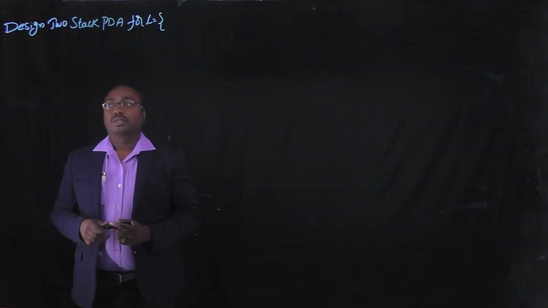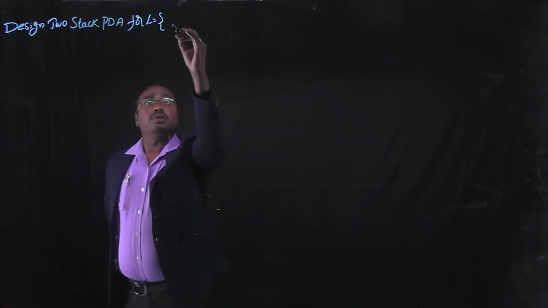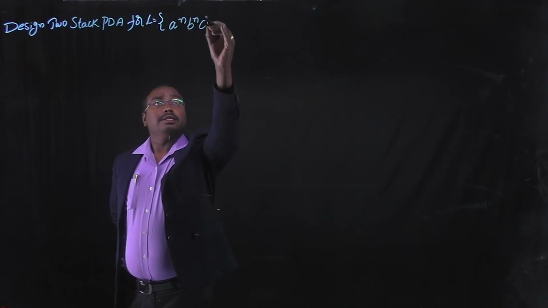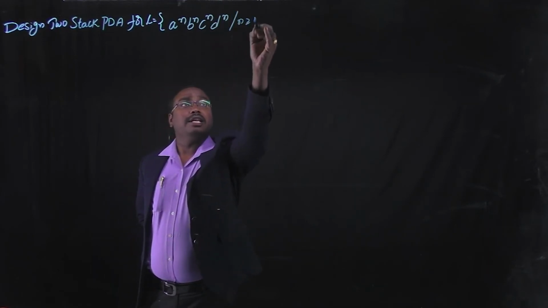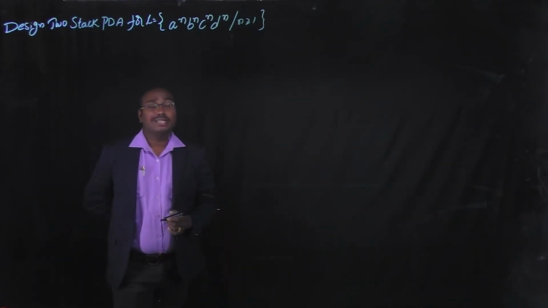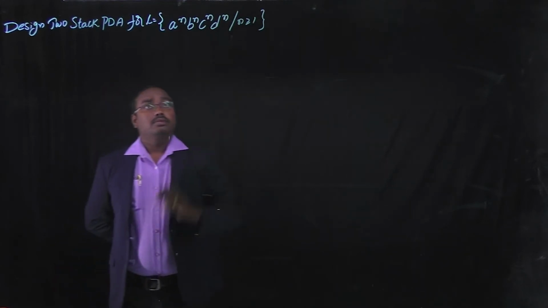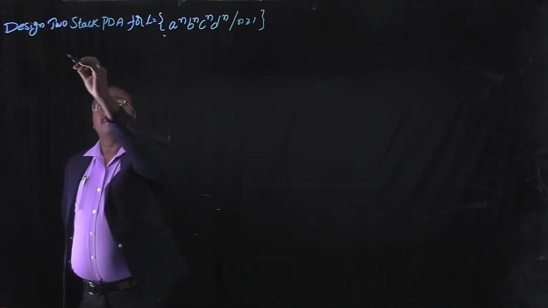The next one: design a 2-stack PDA for the language L equal to A power n, B power n, C power n, D power n, where n is greater than or equal to 1. So this is the language for which to construct a 2-stack PDA. Okay, so what are the strings in the language?